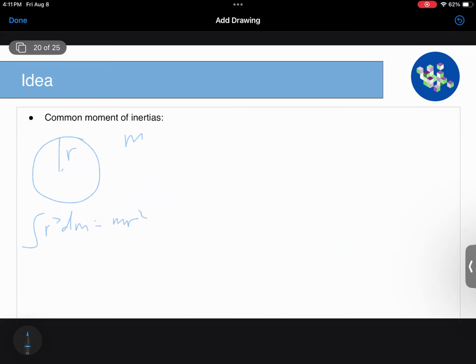Now, if I instead have a disk, not a ring, then if I'm doing the integral of r squared dm, notice that it's the same as adding up the moments of inertia of a bunch of small rings.